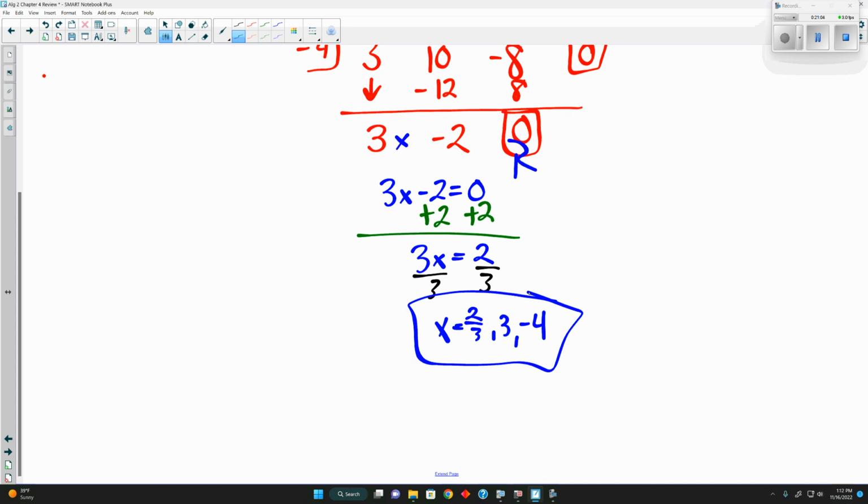So even though it didn't give us all three solutions outright, it got us to something that was easy to solve, and we went from there. Any questions on this here? Are you ready for the last one?